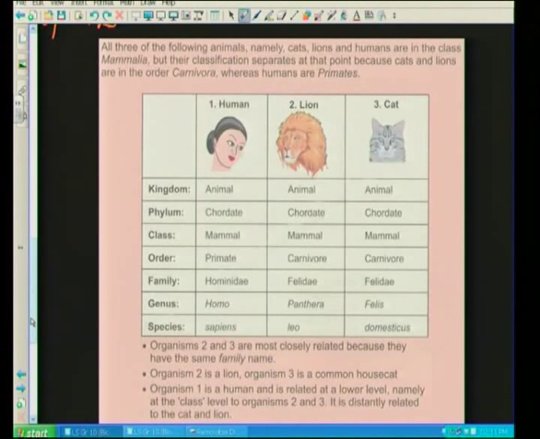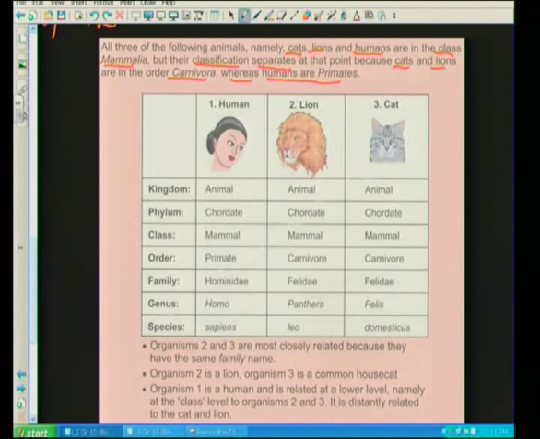All 3 of the following animals, namely cats, lions, and humans, are in the class Mammalia, but their classification separates them because cats and lions are in the order Carnivora, whereas humans are primates.